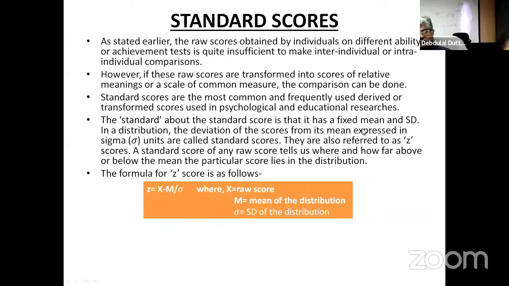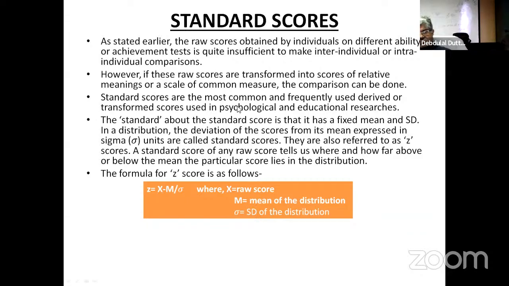As stated earlier, raw scores obtained by individuals on different ability or achievement tests are insufficient to make inter-individual or intra-individual comparisons. However, if these raw scores are transformed into scores of relative meaning on a scale of common measure, comparisons can be done.